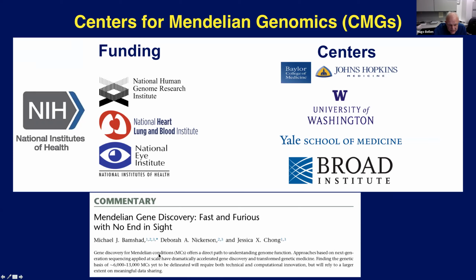And so I think this really is what this seminar is all about, is how do you make connections? How do you define what the function of your gene is, and how do you connect that to human biology?